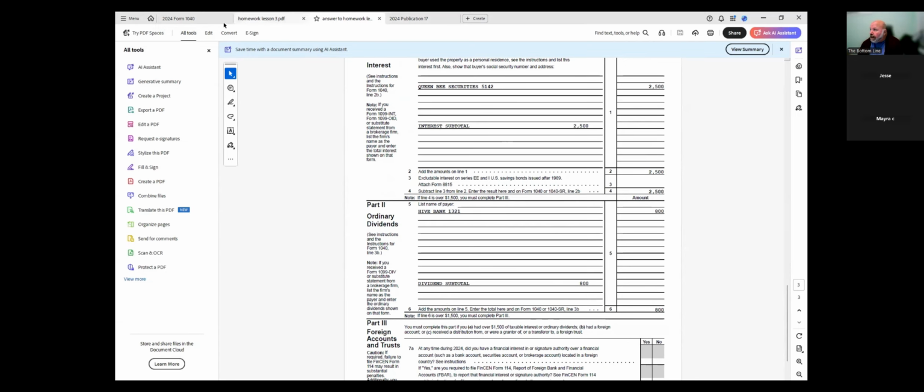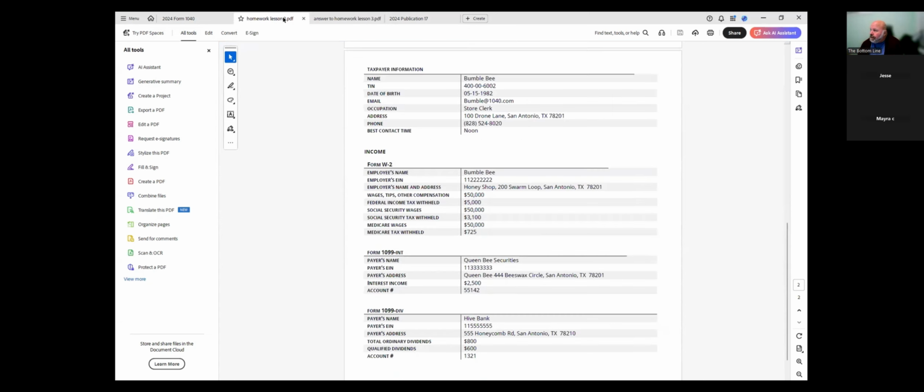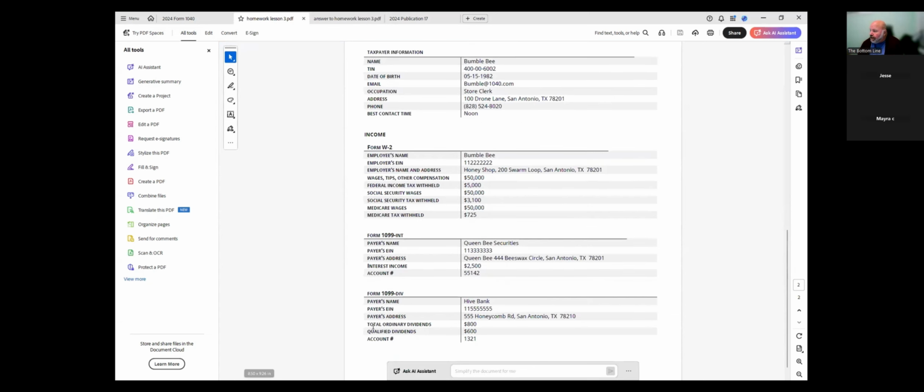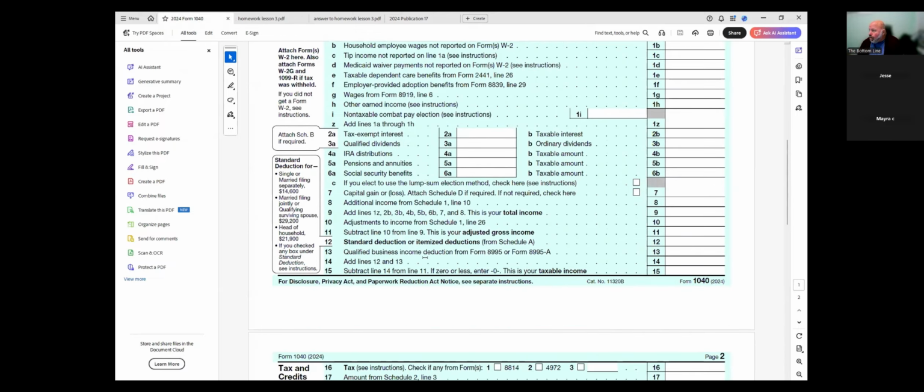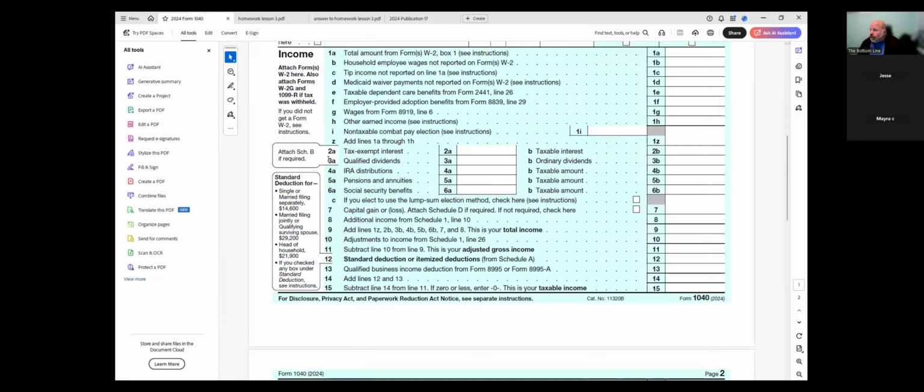Okay, so we go back. His total ordinary and qualified dividends were 600. So when we go back to our 1040, where are you putting it? So here's 3A, and again, read the line. Qualified dividends.